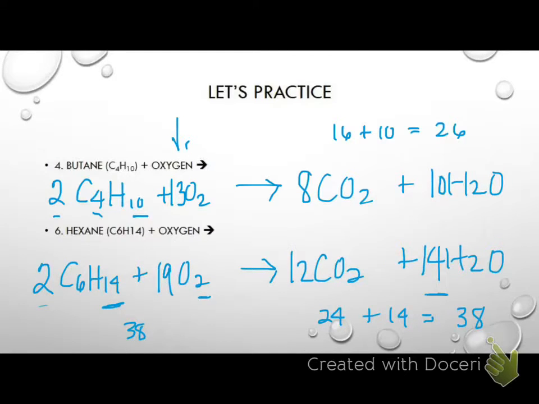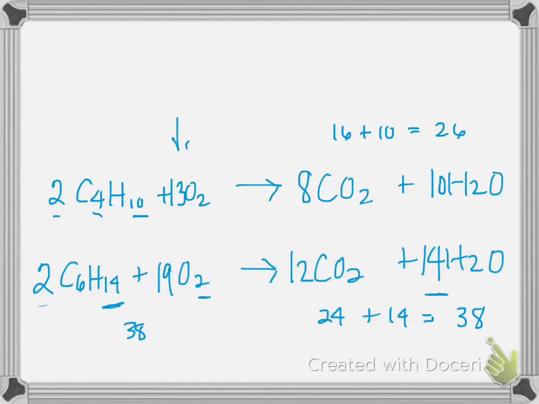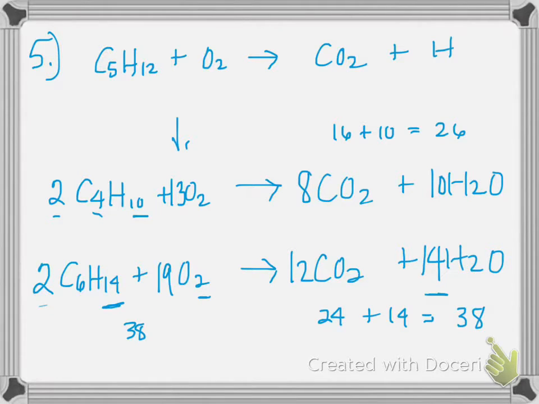Okay, let me go ahead and do one more. I think I'll go ahead and do number 5 on your left side activity. I'll go ahead and do that for you. Okay, so let's do that right up here, number 5, which says it's pentane, so that's C5H12 plus O2, going to give us CO2 and water.